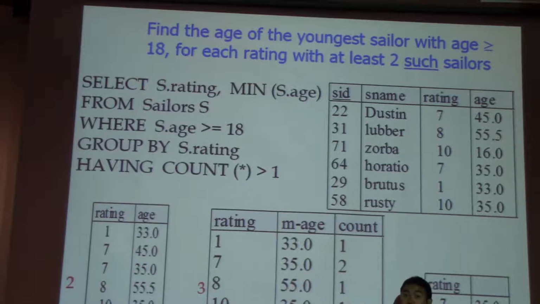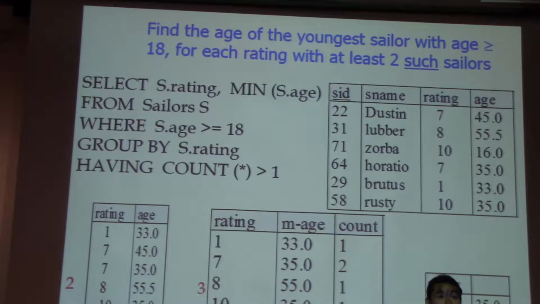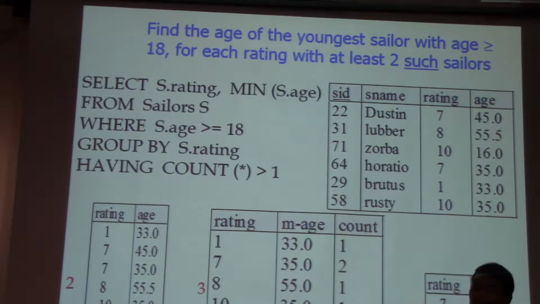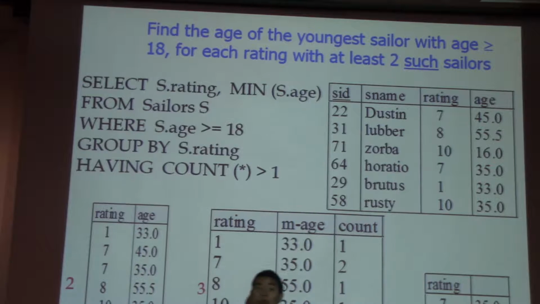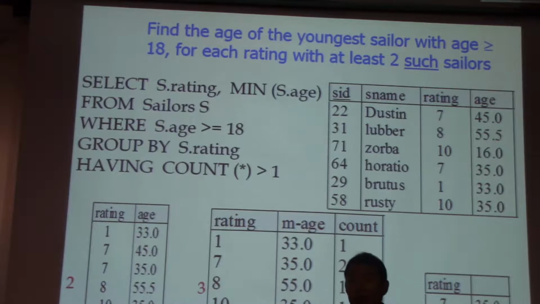The other groups will be discarded because they only have 1 sailor. They do not satisfy the having clause. Okay? Is that clear? And notice that this sailor got eliminated even before the grouping because the age is less than 18 years old.